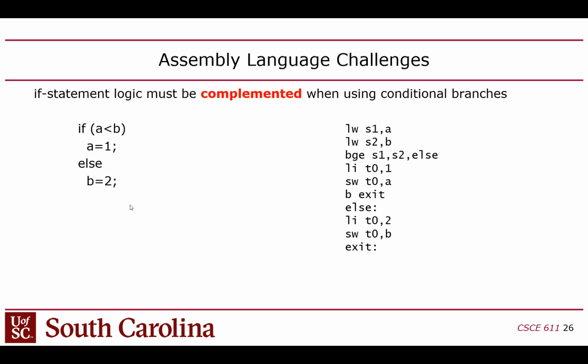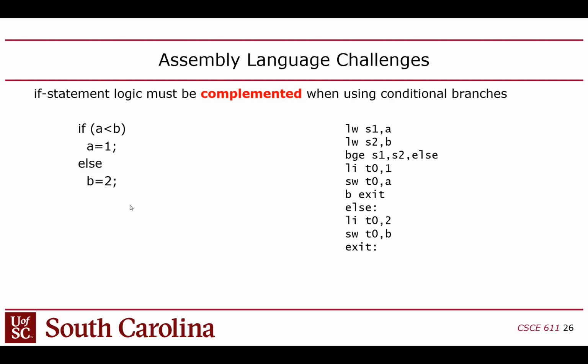The problem is that is not how high-level code works. The way high-level code works is you say if condition, then fall through, meaning that if it's true, you fall through the if statement. But that is not how assembly works. In assembly, if the condition is true, you don't go to the fall through, you go to another spot in the code, right?